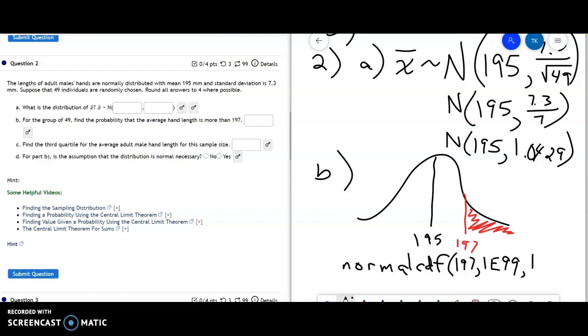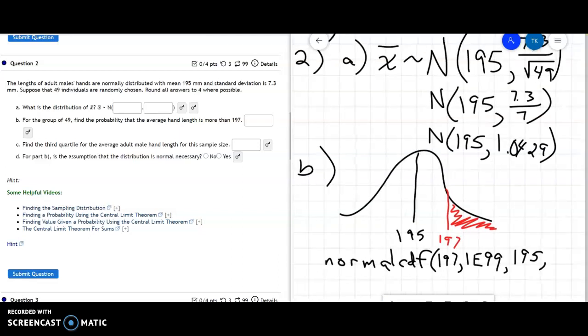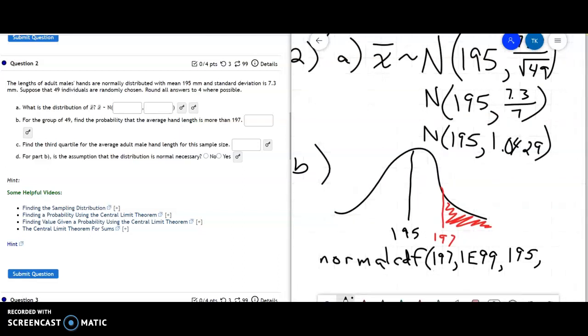And the mu is 195 as given, and the standard deviation is that new one that we calculated, since we're dealing with a group of data, not just one.